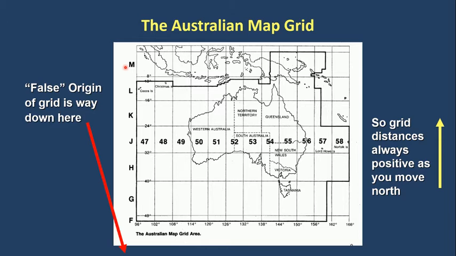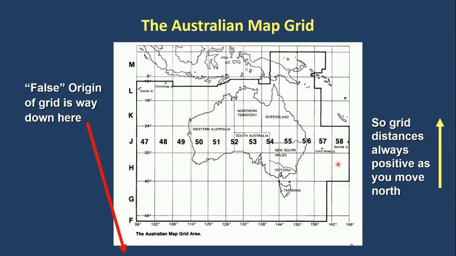Now, there's a reason for that, because we typically want to include in this map grid all the features of the Australian continent and its island territories, and some of them are well down to the bottom that aren't shown in this particular diagram. In addition, you'll notice the numbers here run from left to right, so again, that's in the normal sequence of things. Now, running the letters this way and the numbers that way is similar to normal Cartesian geometry or coordinate geometry. So we end up with values which are positive, if you like, going up, and positive going across this way here.